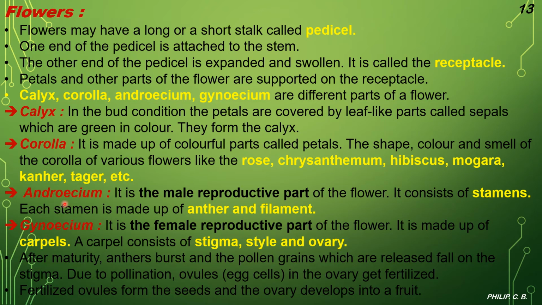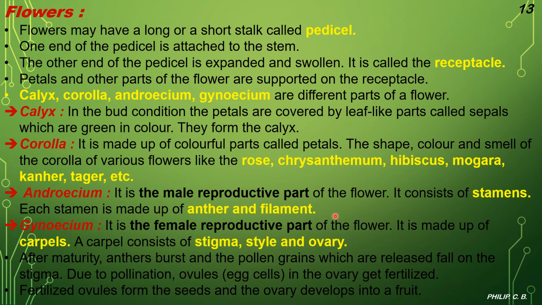Third part is the androecium. What is this androecium? It is the male reproductive part of the flower. It consists of stamens. Each stamen is made up of anther and filament. So the male reproductive part is called what? Androecium. And this androecium has stamens. A stamen is an individual unit.